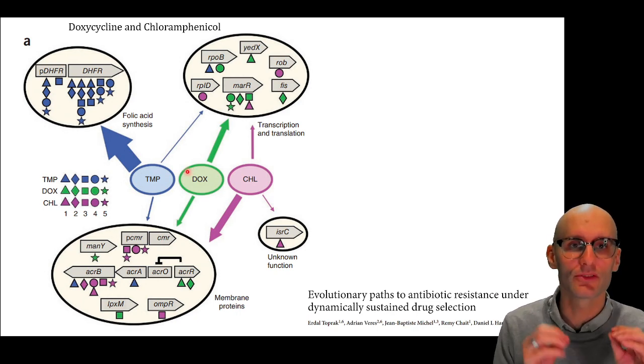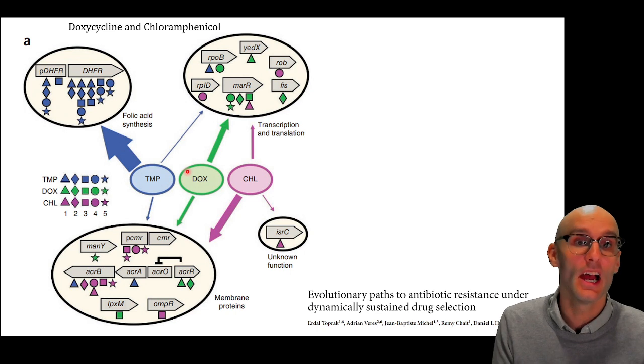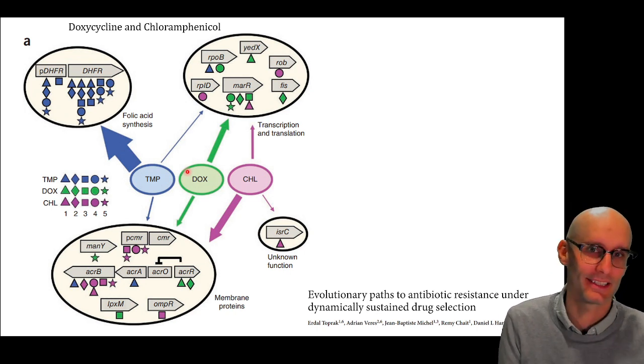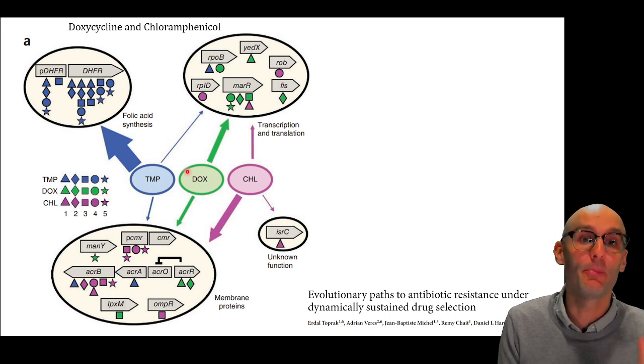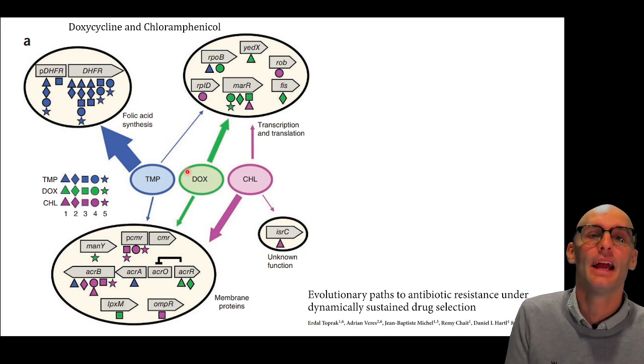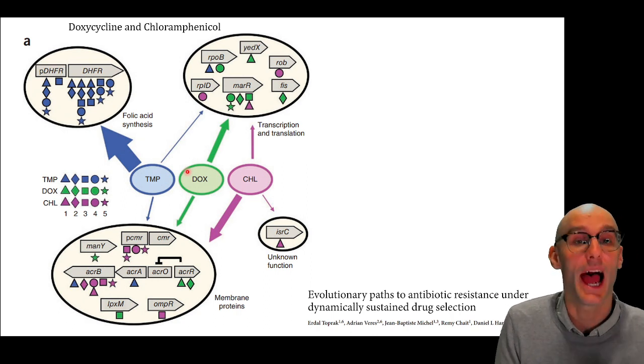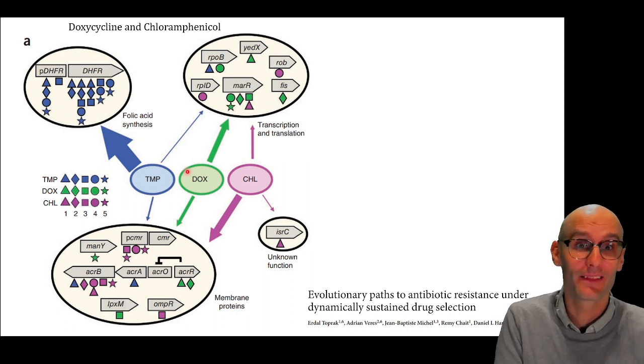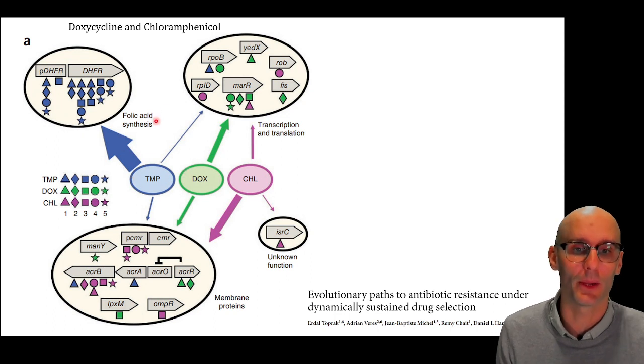Doxycycline targets the ribosomes of bacteria. The ribosomes of bacteria are very different. They have different subunits, like the 16S subunit, compared to the eukaryote ribosome. So because of the difference in those ribosomes, a lot of antibacterials target ribosomes. So doxycycline targets ribosomes, and what do we see?